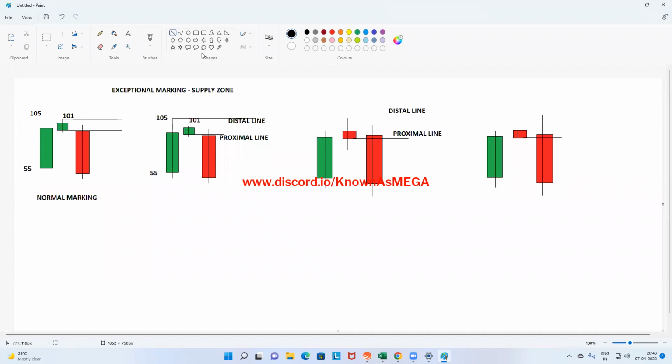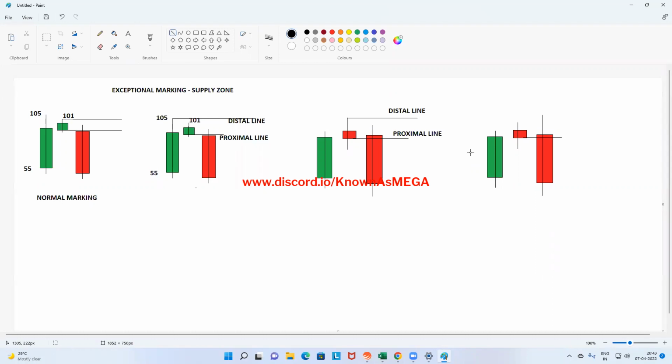See, I showed you a few demand zones and supply zones, and you saw how the price started interacting. It will be high probability. There is nothing called 100%. There can be chances that even an exceptional marking price can be breached.